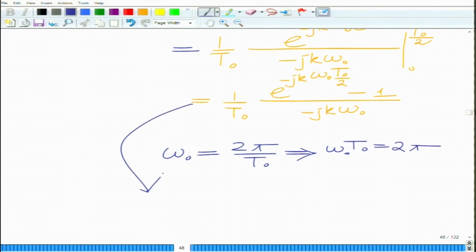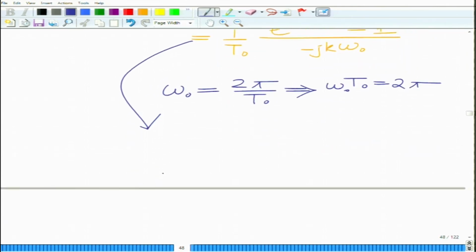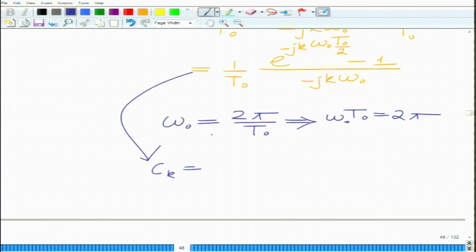Therefore the expression for Ck can be simplified. In the numerator we have omega naught into T naught by 2, which will be pi, and in the denominator we have T naught into omega naught, which will be 2 pi. So this will be 1 minus e raised to minus j k pi, divided by j k times 2 pi.